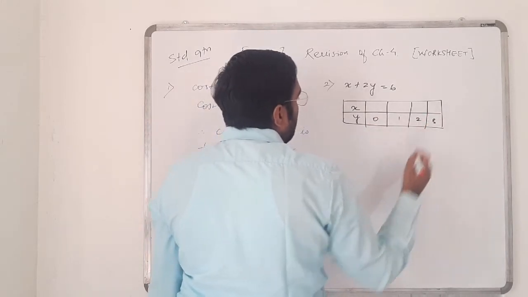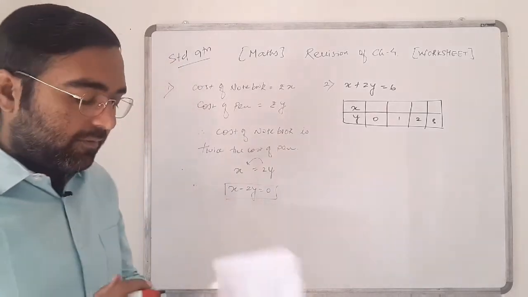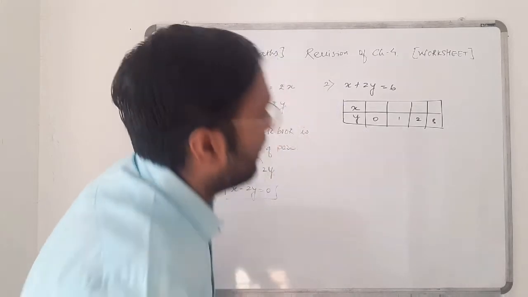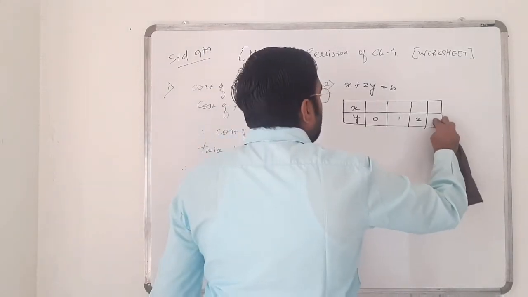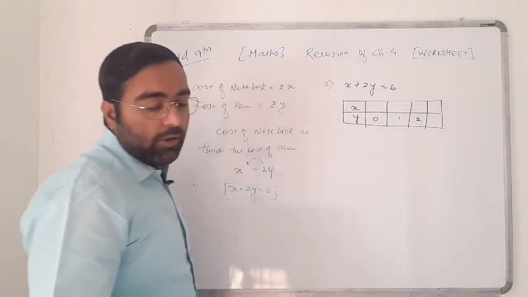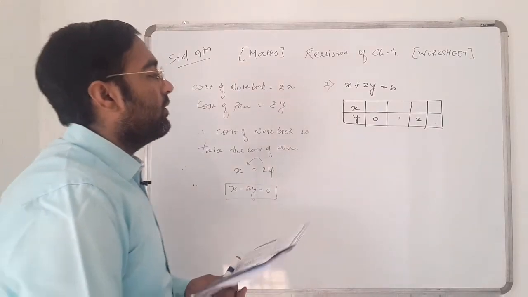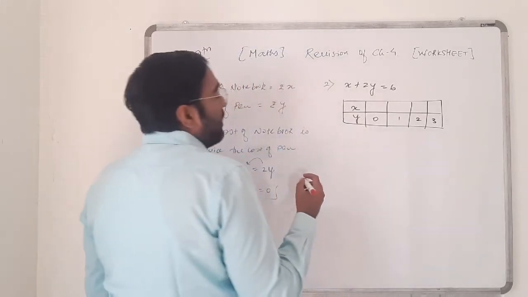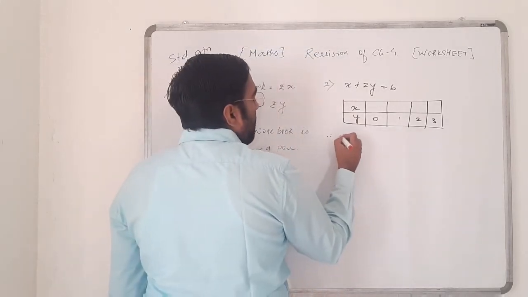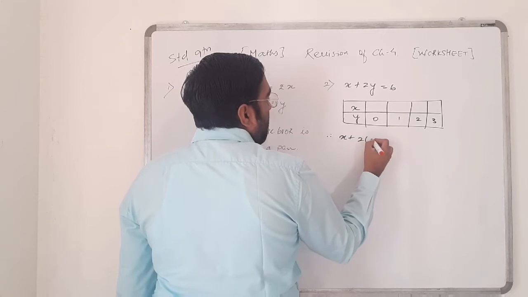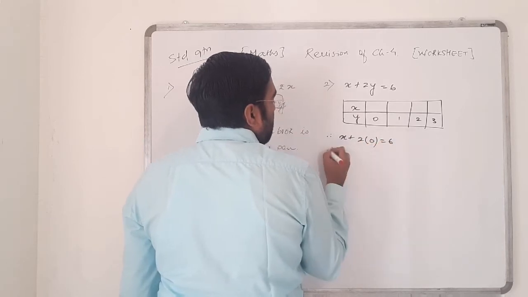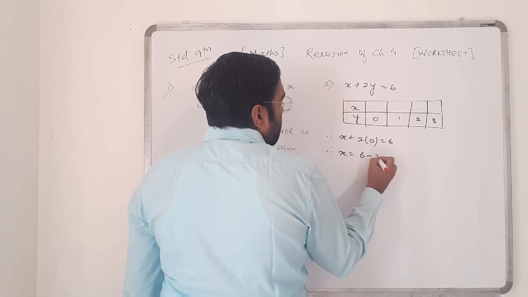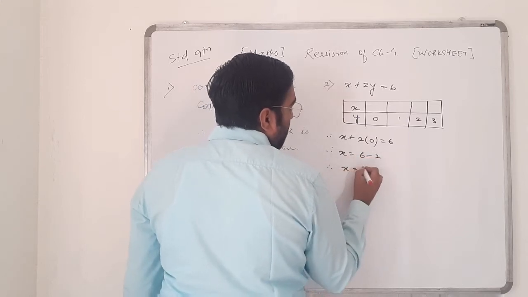You can also assume the value of x here. So x plus 2 into 0 equal to 6, therefore x equal to 6 minus 0, so x equal to 6.